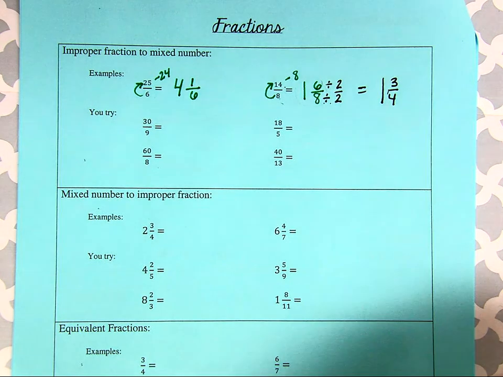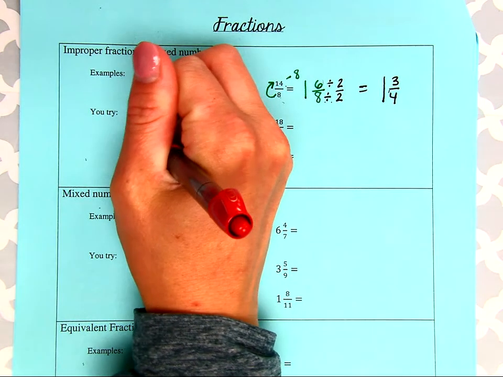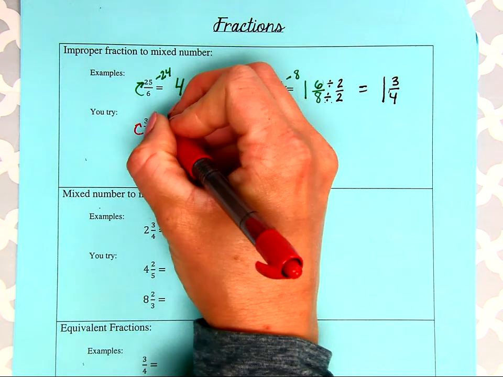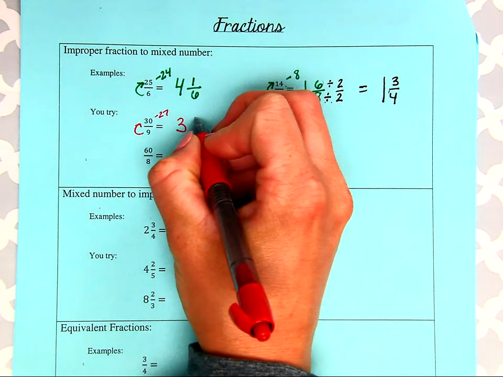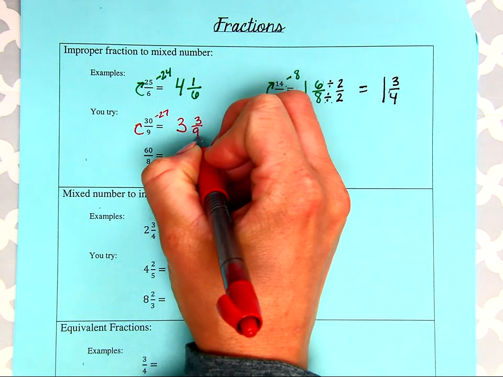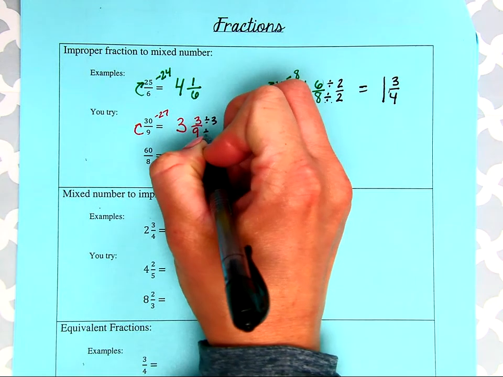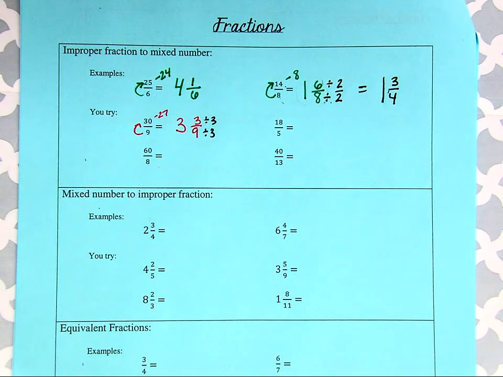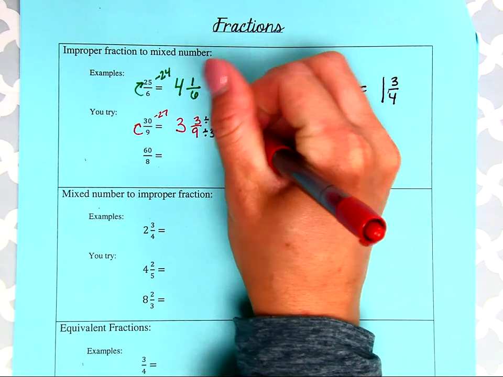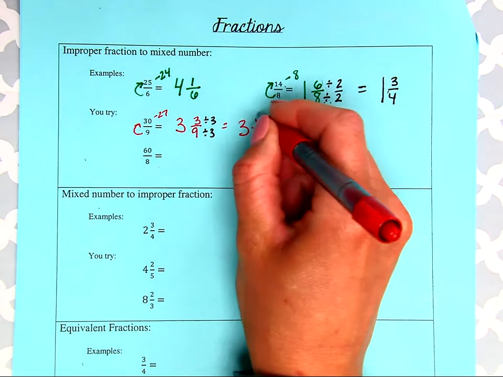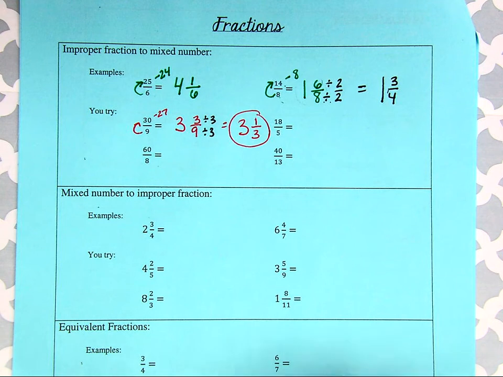All right, so let's see how you did. 9 can go into 33 times. 9 times 3 is 27, so that leaves me with 3 left over out of 9. I can reduce this fraction again, which gives me 3 1/3 there. So I'm just going to circle that.